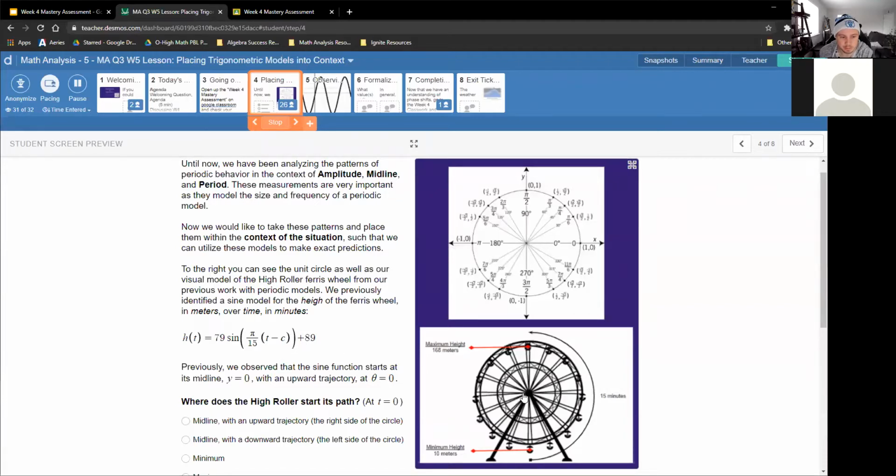So what was all this? Remember, 89 was our midline. 79 was our amplitude, how far up and down it goes. And then pi over 15 was something that resulted from the period. The period of this Ferris wheel is 30 minutes. It takes 30 minutes to go around.